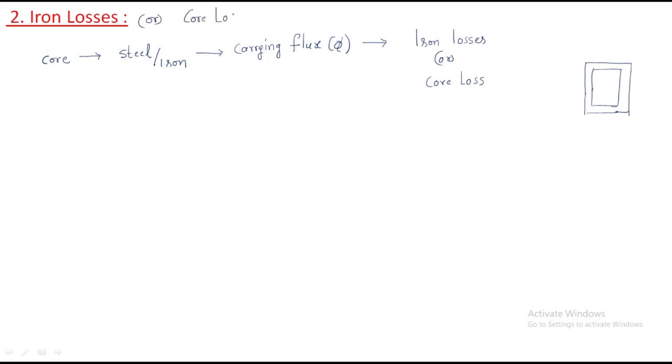Why is it core loss? This loss occurs in the core of the transformer, that's why it is called core loss. Whenever the flux is produced, it flows in the core, and that's why we get the core losses. These core losses or iron losses are of two types.